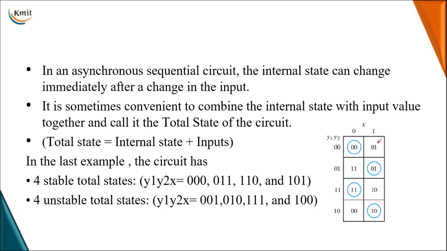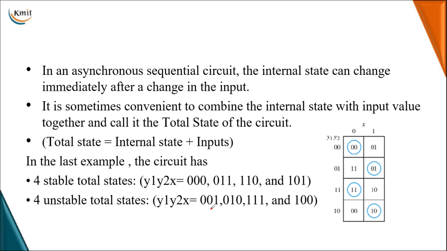Those are your 0 1 1. So first let me start with this. So 0 0 0, 0 1 1 and 1 1 0. So here we obtained 0 0 1, 0 1 0 and triple 1. So out of the 8 states we obtained 0 0 0, 0 1 1, 1 1 0 and 1 0 1 as stable.